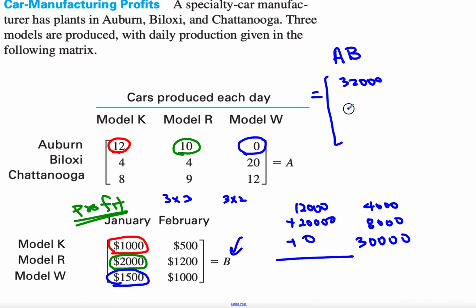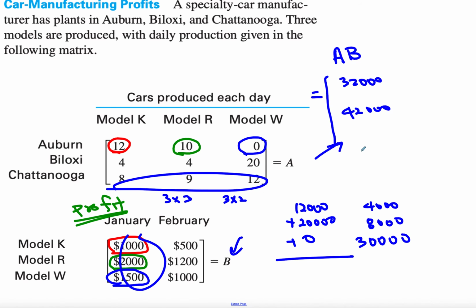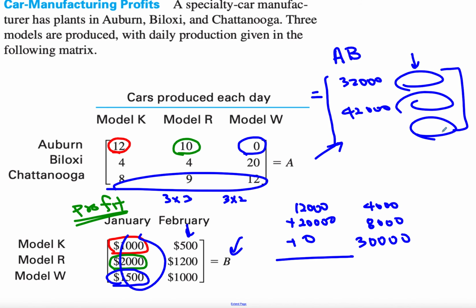So in total we get 42,000. We can do exactly the same for the other column, and this is our profit per day in the month of January. When you multiply them by these values, we get the profit per day in the month of February, which we would fill out over here as well.